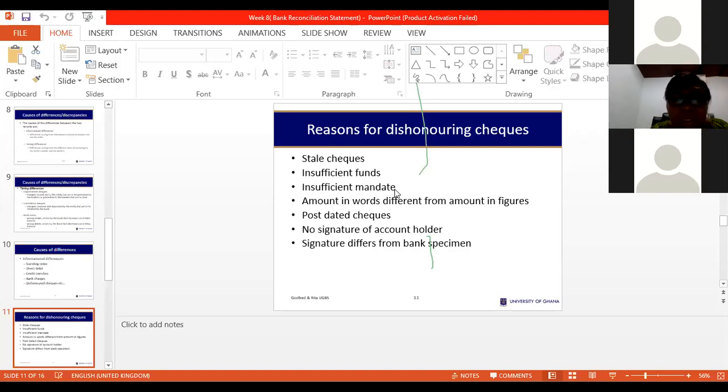And in some businesses, they have more than one signatory. So if you bring a check with only one signatory, whilst your instruction to the bank is for 2 people to sign, then the bank will say there is insufficient mandate.